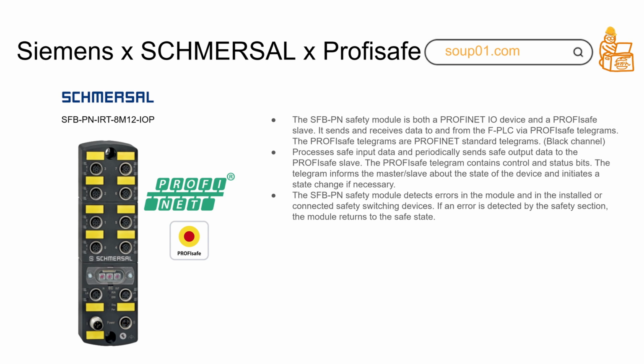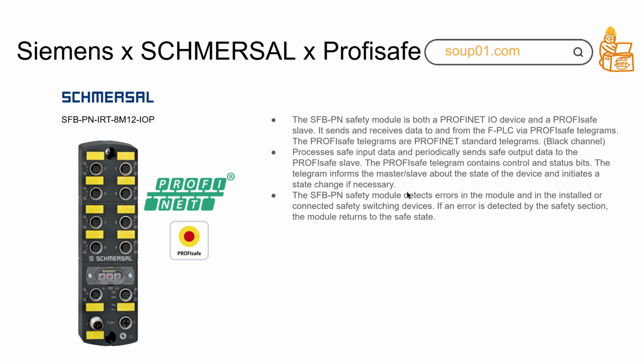The Profisafe telegrams are Profinet standard telegrams, so we use a black channel. The Profisafe telegram will contain control and status bytes, informing the master or slave about the status, and then changing the device to the safety status if needed.